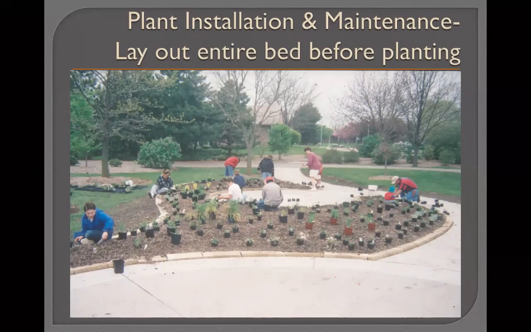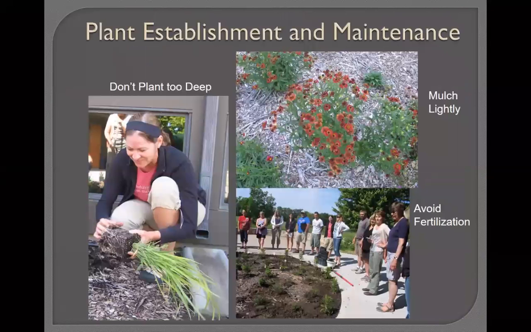And then we begin to plant them after we've got the proper spacing. And then don't plant them too deep. Typically with native plants, especially if you have heavy clay soil, it's better to plant them just a little bit high than too deep. Mulch lightly, but with the matrix planting, you don't have to mulch. Shouldn't be using as much mulch, especially if you've grouped your plants as densely as you could.